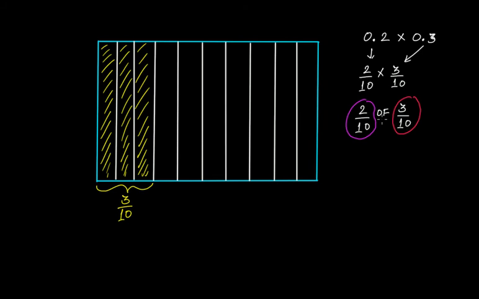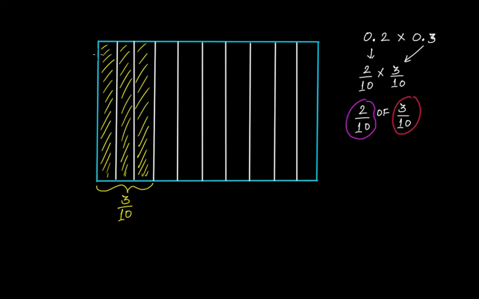It means that now this 10 is telling you that each part has to be divided into 10 equal parts. Each and every single part has to be divided into 10 equal parts. Only then can we proceed with the fraction. So the same thing we did here, I'm going to do here.